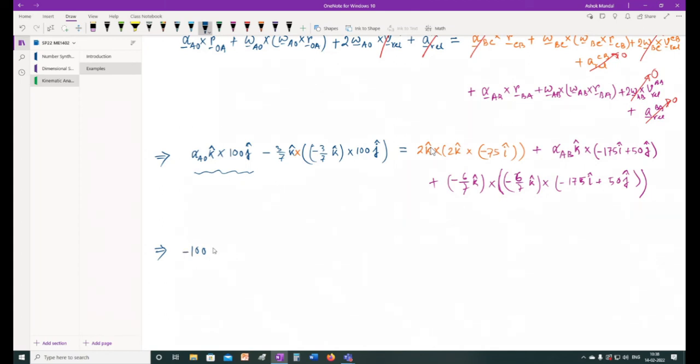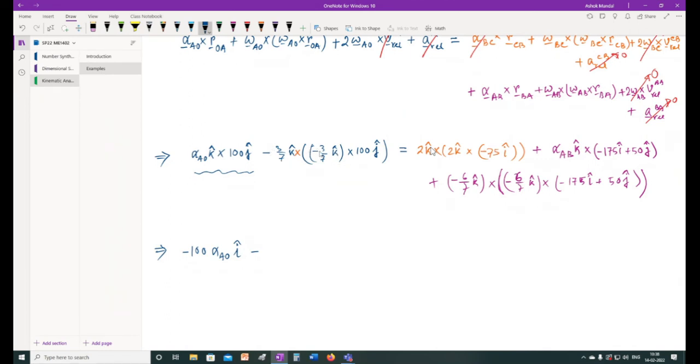Minus 100 alpha AO in the I direction. Then what will we get here? 0. When K is multiplied, what will come? K into I is J, and K into J is minus I. So we have one minus sign.